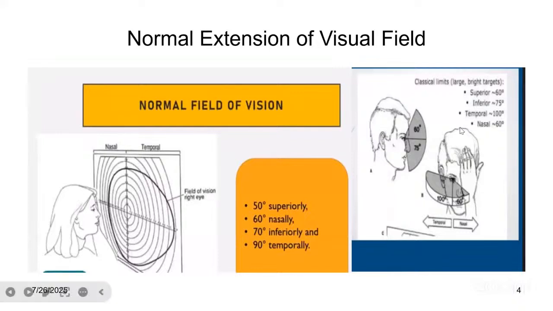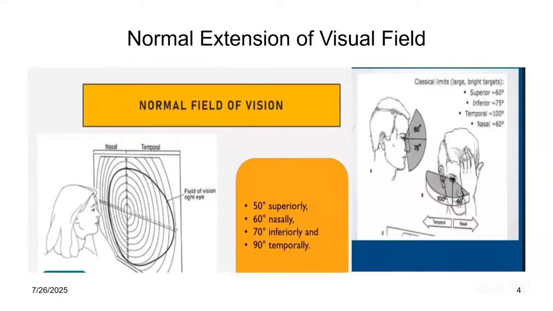So the extent of the visual field, looking in the primary position, that is with a fixation point straight ahead, it's expected that one should see about 50 degrees superiorly, 60 degrees nasally, 70 degrees inferiorly, while the temporal has the highest, about 90 to 100 degrees temporally.